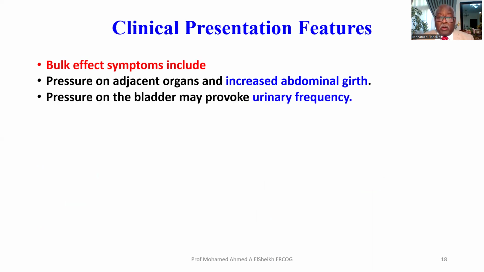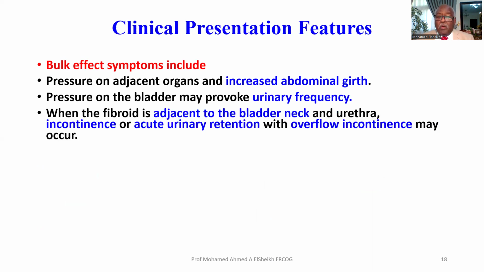Pressure on the bladder may provoke urinary frequency. Fibroids, if adjacent to the bladder neck and urethra, may cause incontinence or acute urinary retention with overflow incontinence.